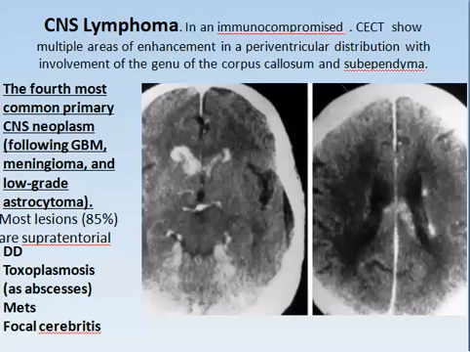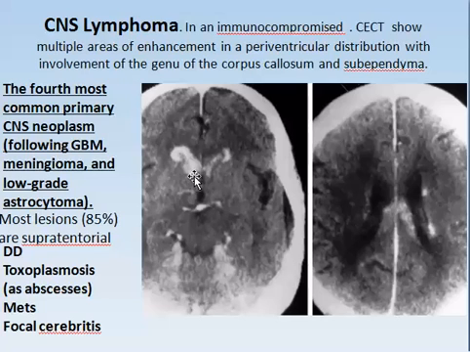Now here, this is the first slide for central nervous system lymphoma in an immunocompromised patient. The contrast enhanced CT shows multiple periventricular areas, involving the genu of the corpus callosum and also the subependymal regions here and there.